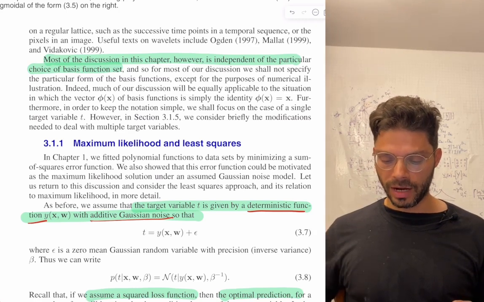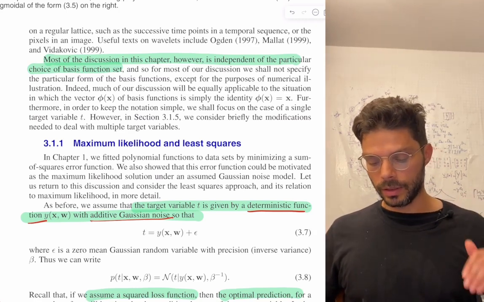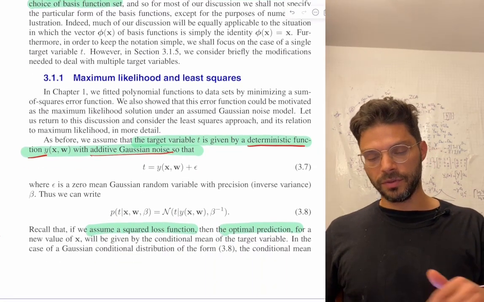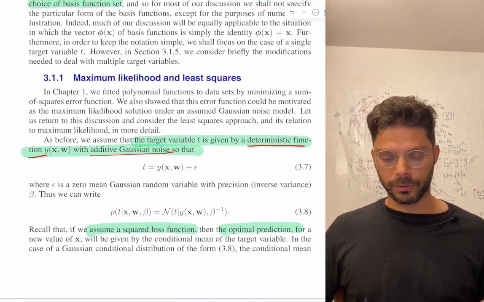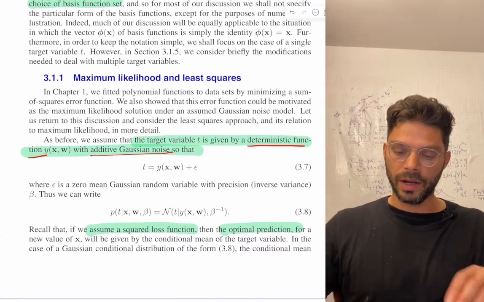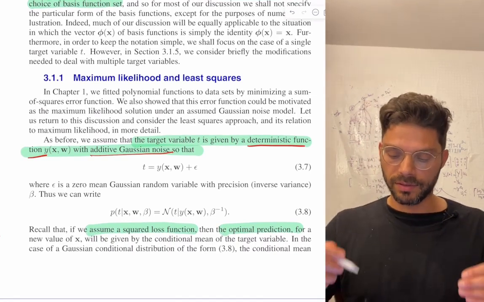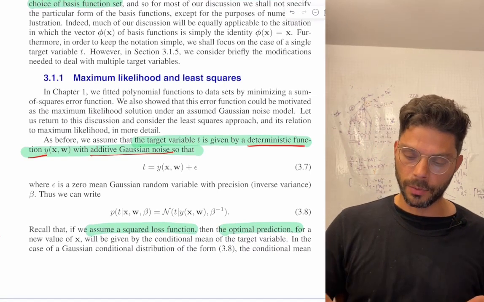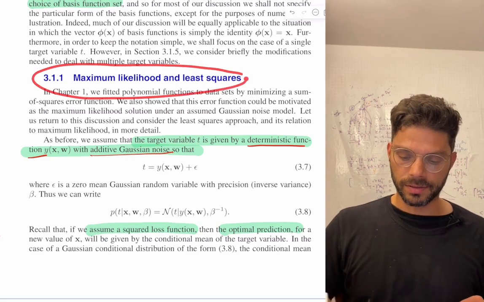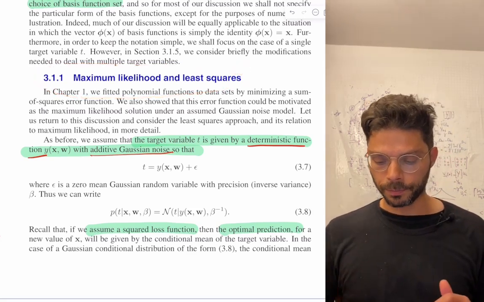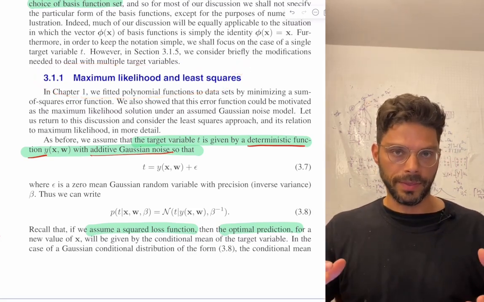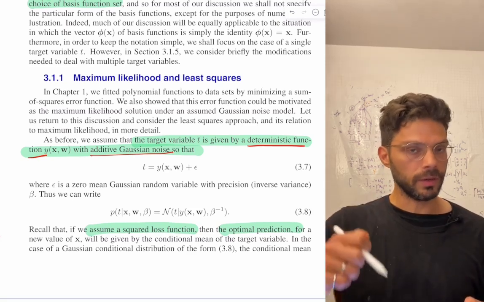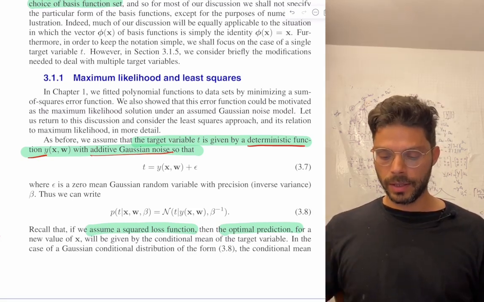Now, the way I'm going to cover it, I actually tried doing the next few sections all together, but I think I wasn't able to do it justice. So in this particular session, I'm going to cover just 3.1.1, which is setting up the problem and then going through the machinery for how to get an answer.